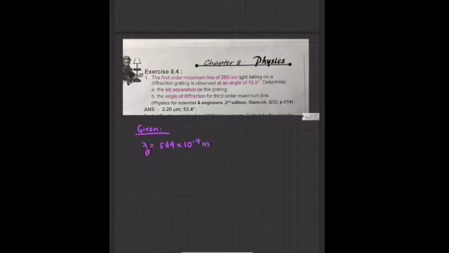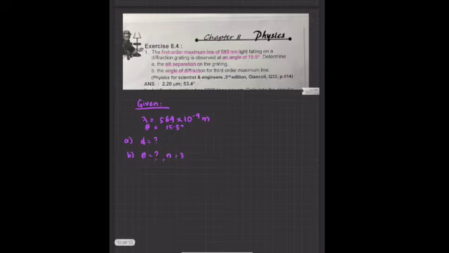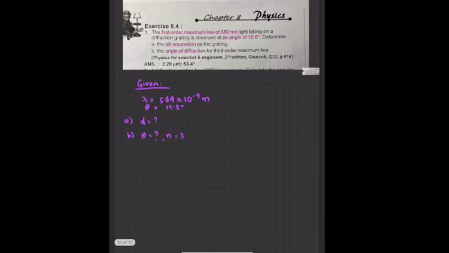And then given there, the angle is 15.5 degrees. For A we are asked to find the slit separation, which is d. And for B we are asked to find theta 3, which is when n is equal to 3, the third order maximum. Okay, let's do A first.